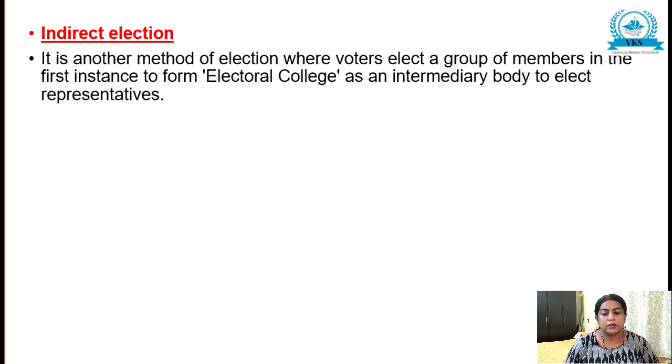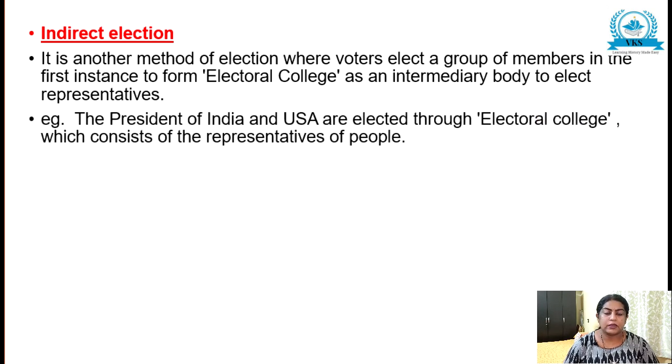Indirect election. It is another method of election where voters elect a group of members in the first instance to form an electoral college as an intermediary body to elect representatives. Example, the President of India and USA are elected through an electoral college, which consists of the representatives of people.